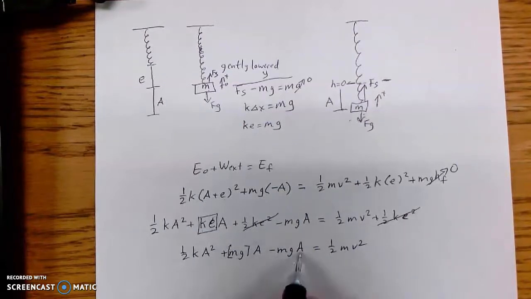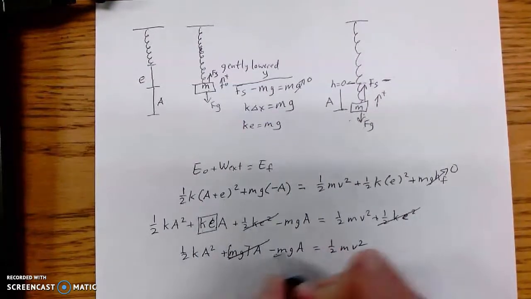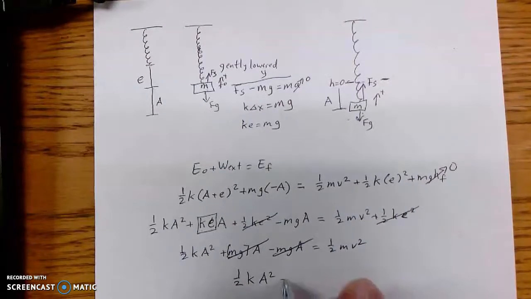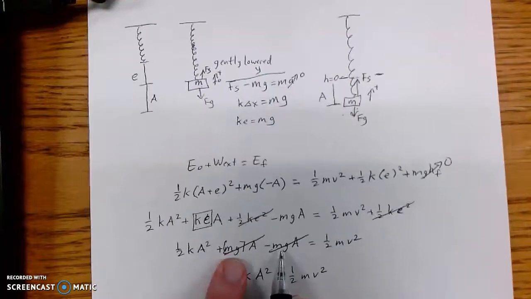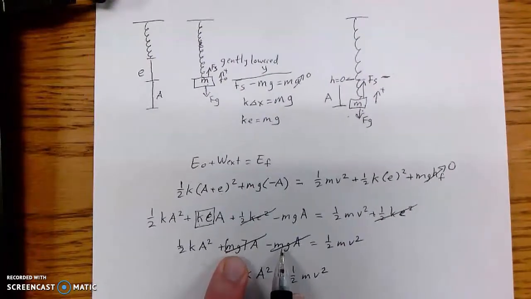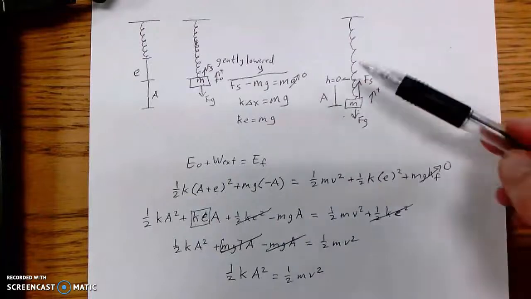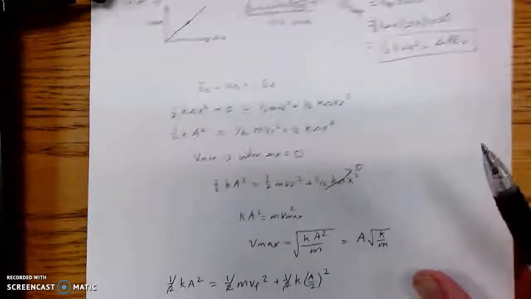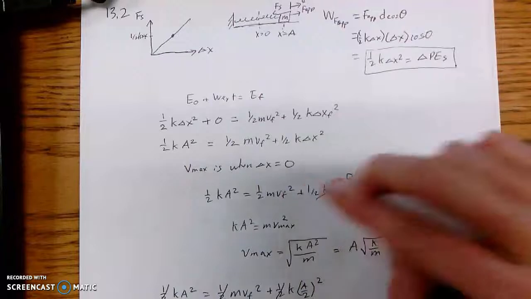But these 2 terms are the same, so they add to 0. And we get 1/2 k A squared equals 1/2 mv squared. And it's interesting, the gravitational potential energy term always cancels out when we're finding the speed through the middle. And if you think back to 13.1, actually, sorry, early on the previous page in 13.2, we had this.